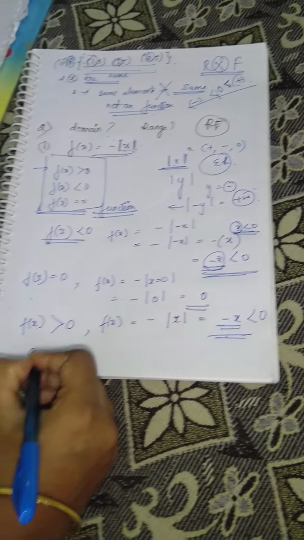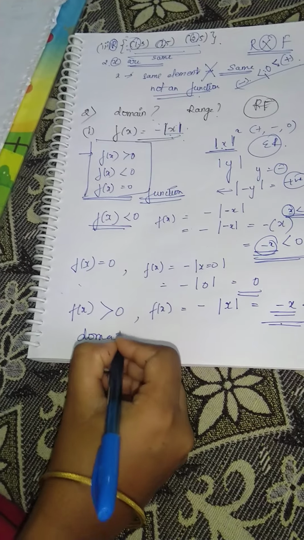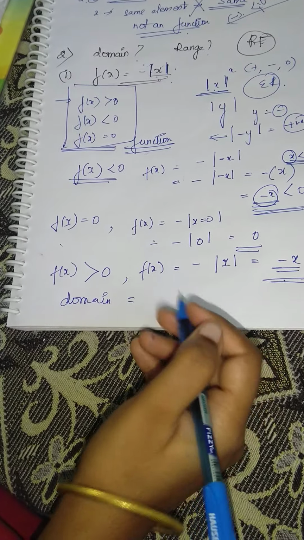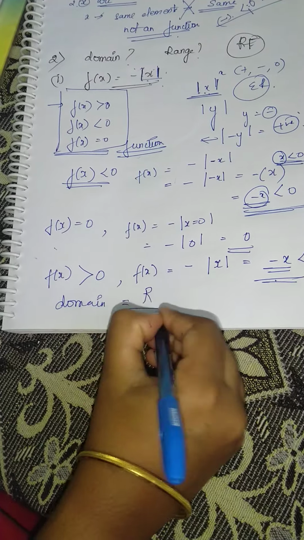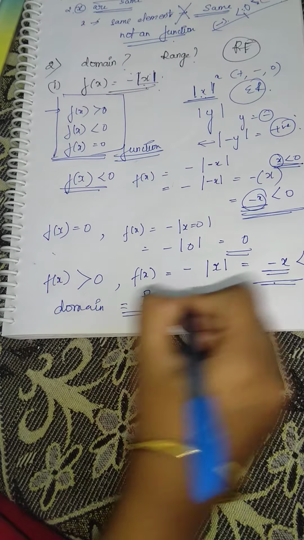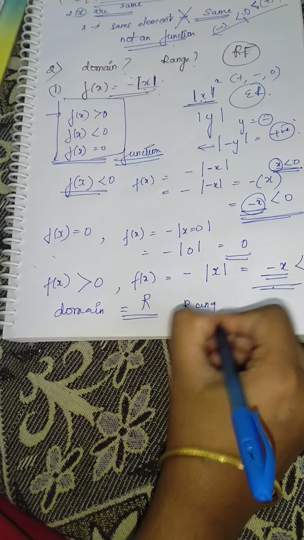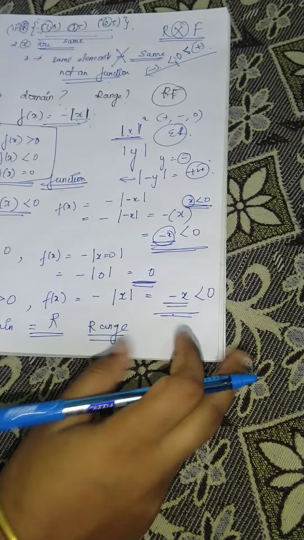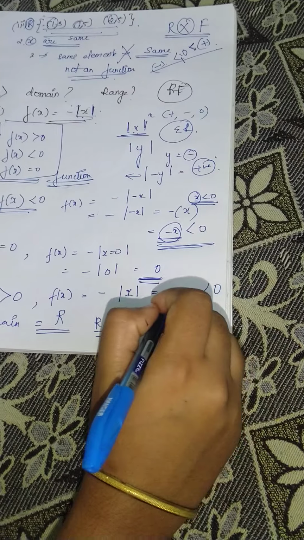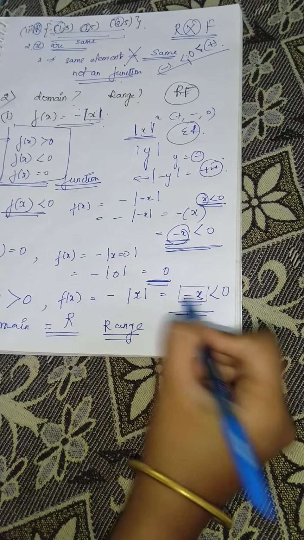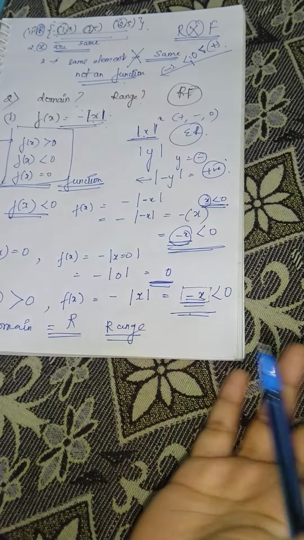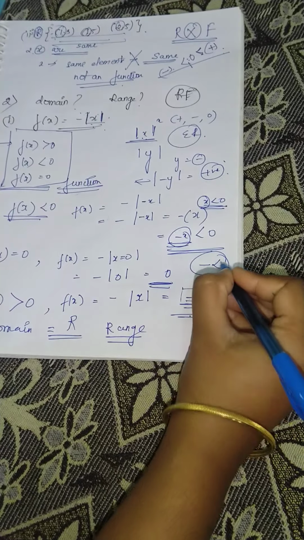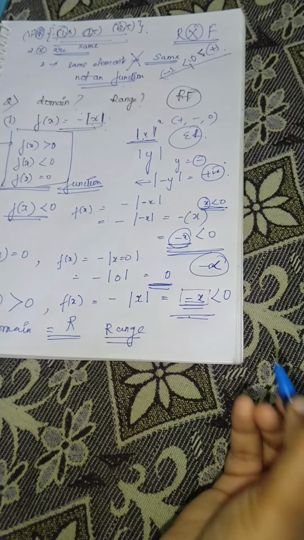So from this, my domain will be defined for all real numbers. And my range, so they are asking for range also, right? For my range, see that 0 is coming as one answer, and the next answer is going to be minus x. Minus x less than 0 defines negative, so you have to put the infinity symbol for that case.